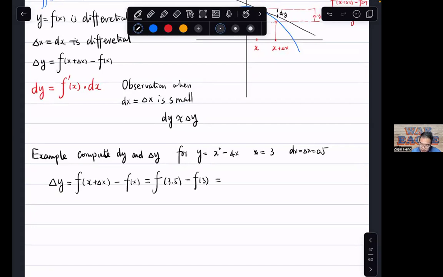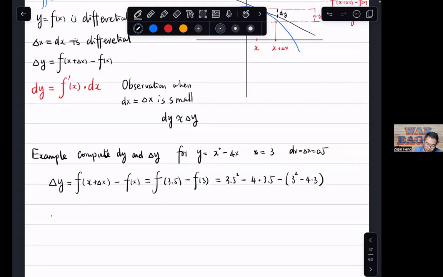This is 3.5 squared minus 4 times 3.5, minus 3 squared minus 4 times 3. That's our actual change of the y value.